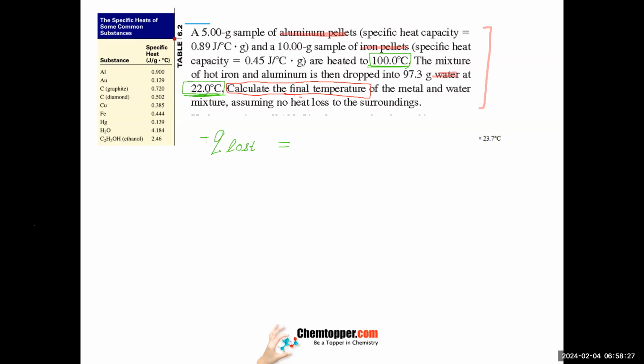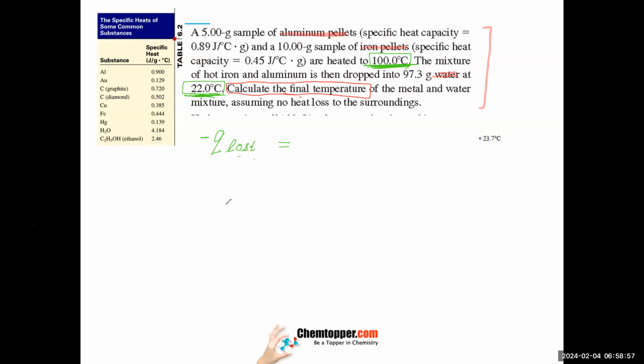See, water is at low temperature. Water is gaining. Aluminum and iron are at high temperature. See their temperature. So when you put iron pieces and aluminum pieces at very high temperature into water, which is at low temperature, heat flows from the iron pieces and aluminum pieces to water.